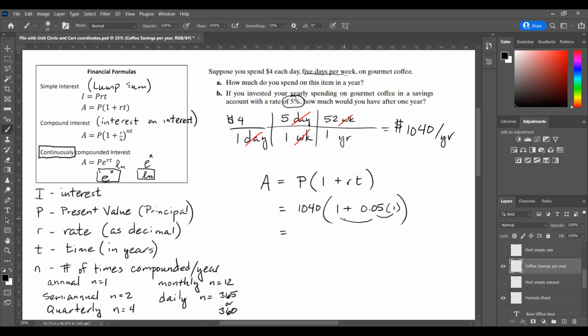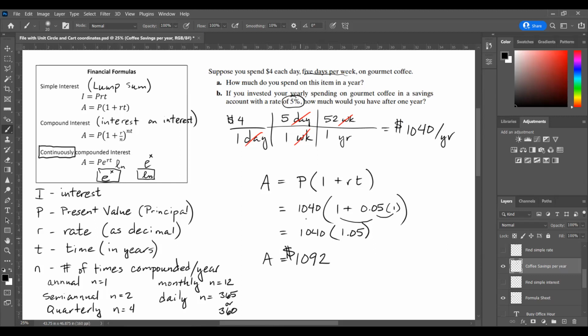So 0.05 times 1 is 0.05, and then I can go ahead and add 1 to that. And so I have 1040 times 1.05. And now I can multiply those together, and my future value is 1092.